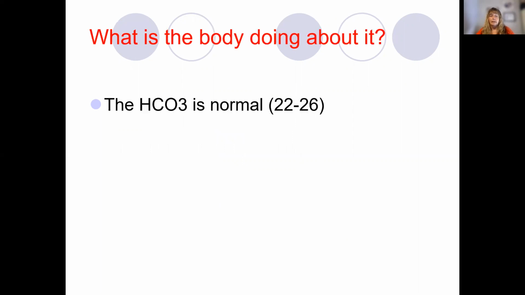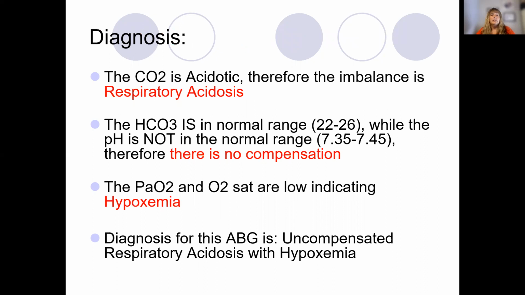What's the body doing about it? The bicarb is normal, 22 to 26. The CO2 is acidotic. The pH is acidotic. Therefore, the imbalance is considered a respiratory acidosis.